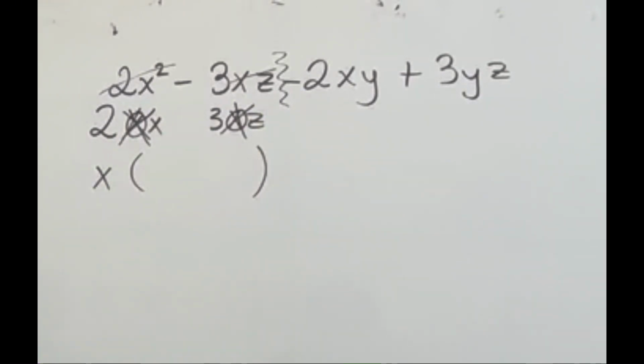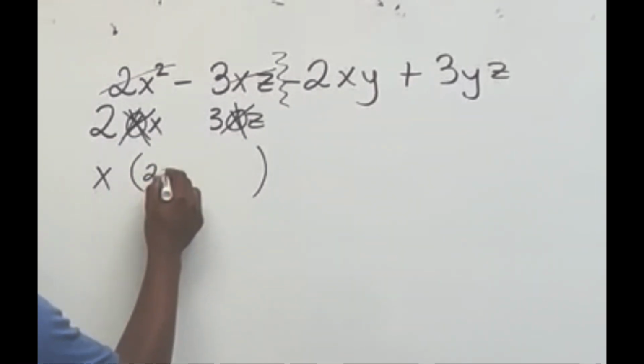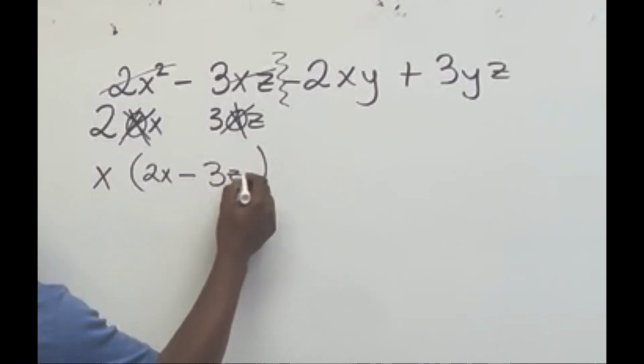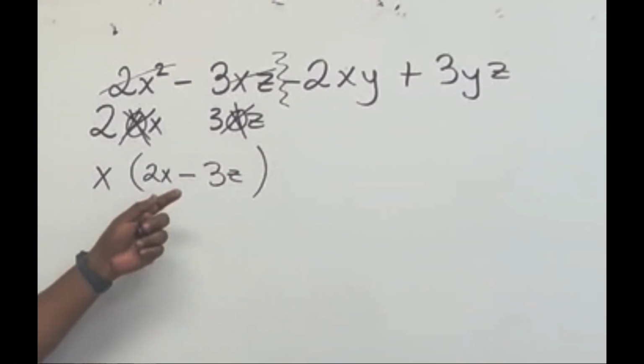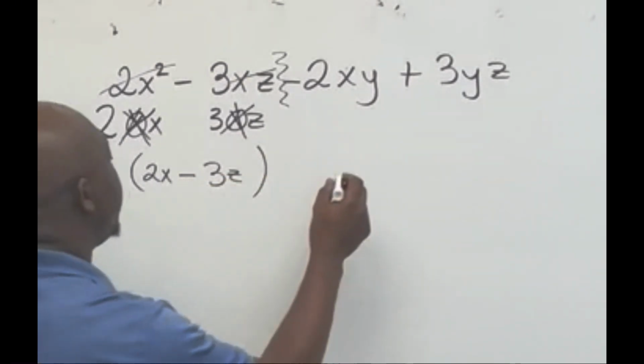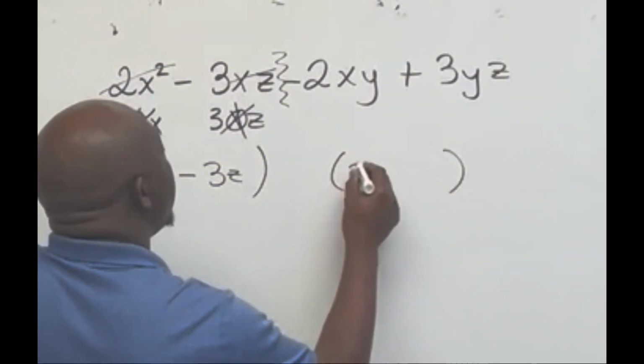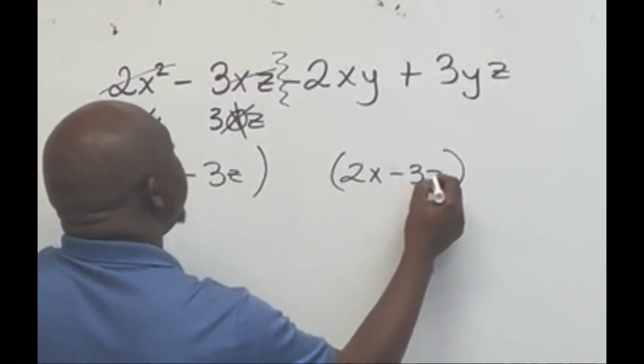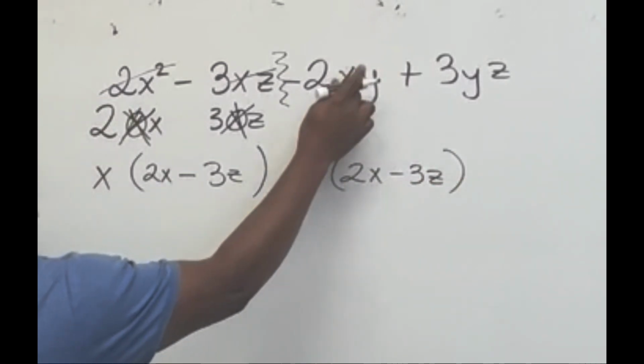What do we have left inside? 2x minus 3z. Copy and paste. 2x minus what? 3z.